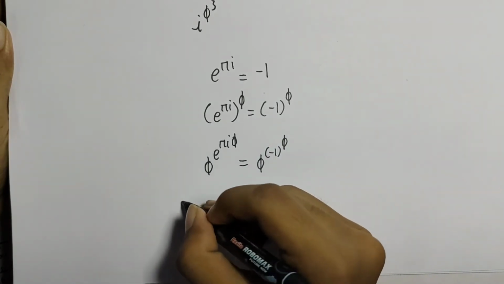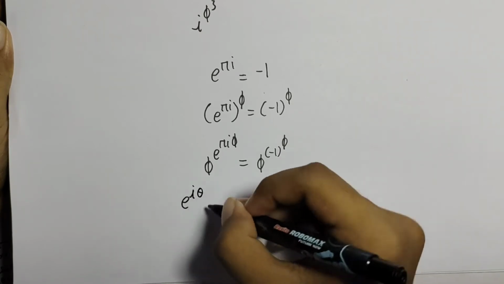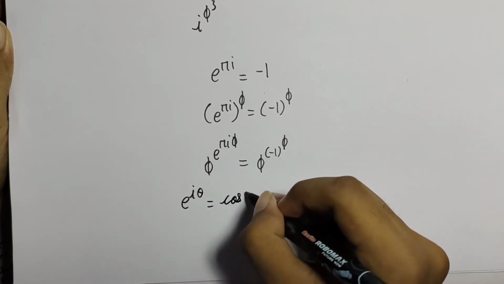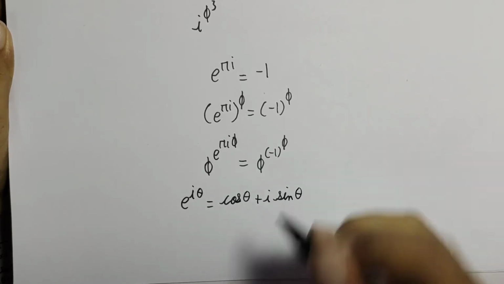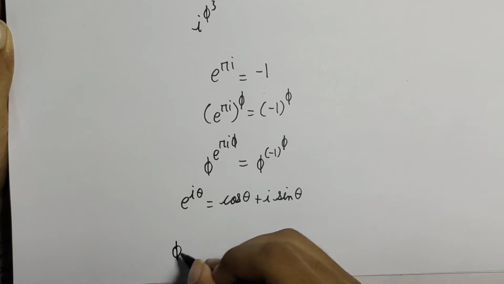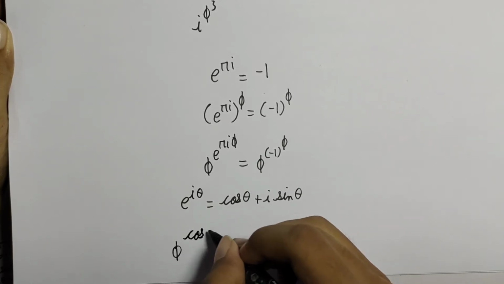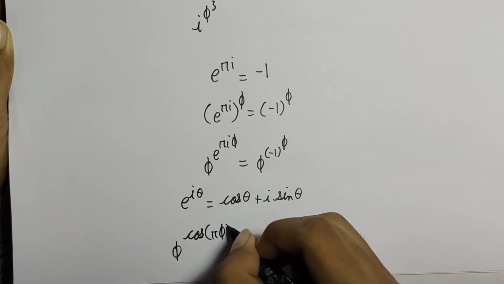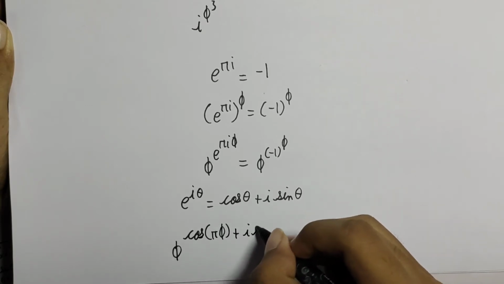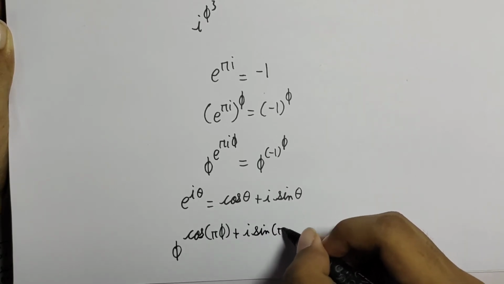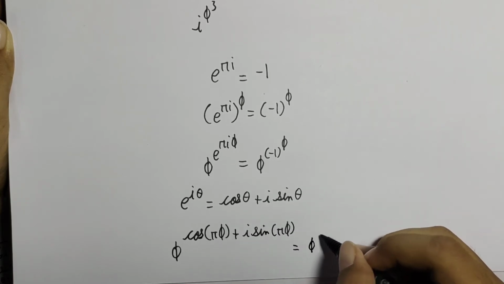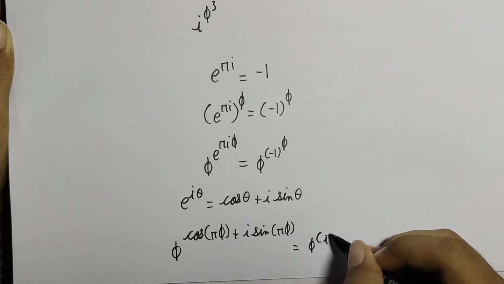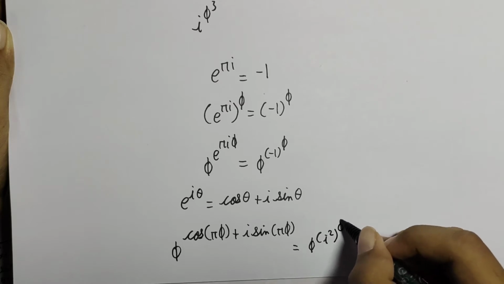Now we know that e to the iθ is equal to cos θ plus i sin θ. So cos of π into φ plus i sin of π into φ is equal to, we know that minus 1 is equal to i square, so (i square) whole to the φ.